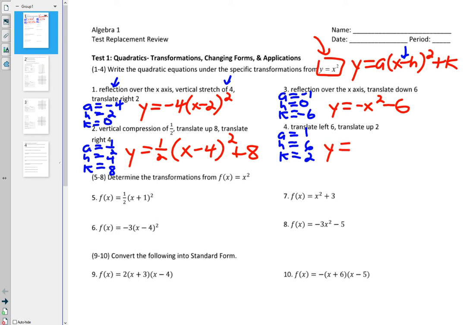So this would just be y equals parentheses. This would be a -6. So when I write it on the inside, it's x plus 6 squared, and then up 2 means plus 2. Any questions so far?